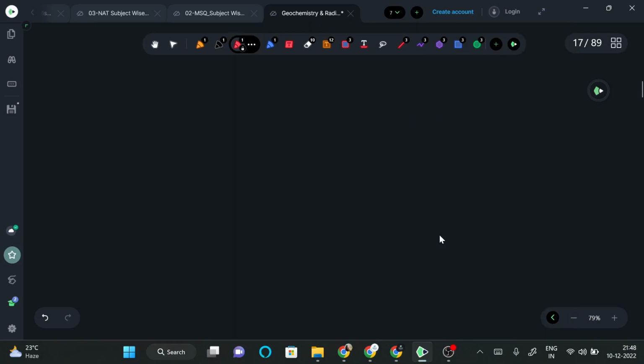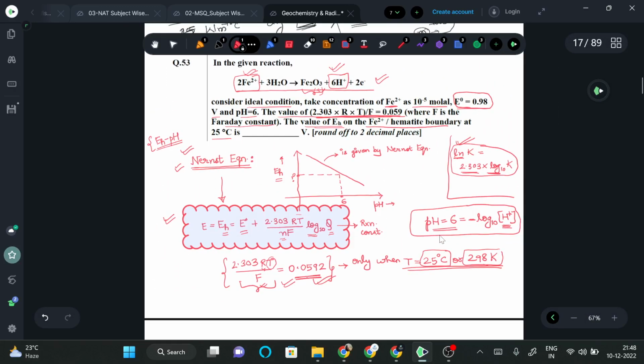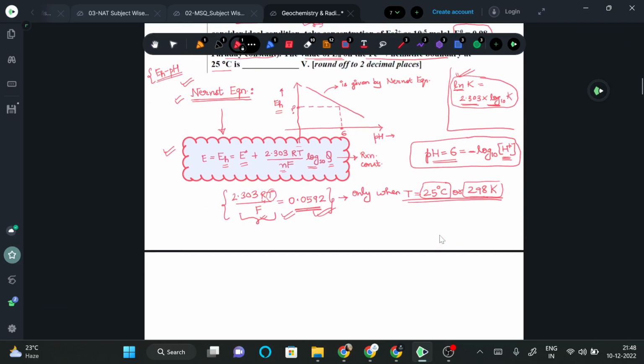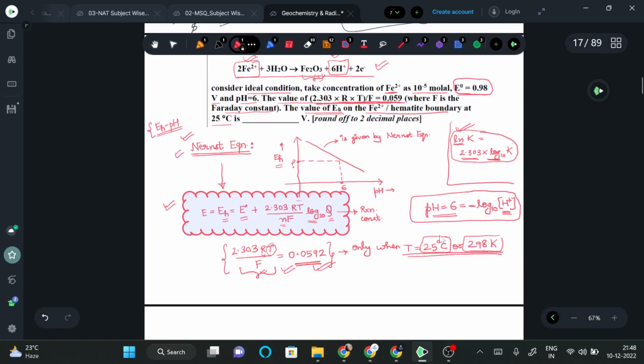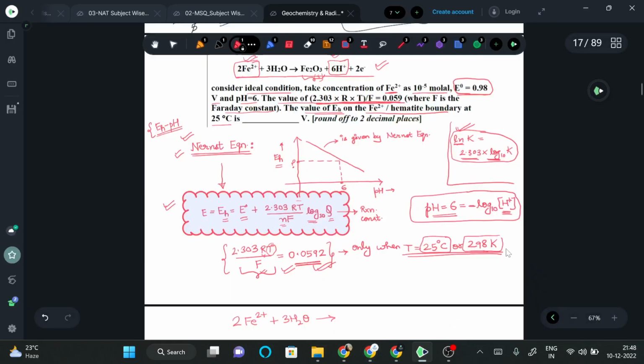So let's go back to the reaction, what reaction we had. Okay, so we have, I will zoom in after some time. 2Fe2 plus plus 3H2O gives, just 1 second, gives Fe2O3 plus 6H plus plus 2 electrons.